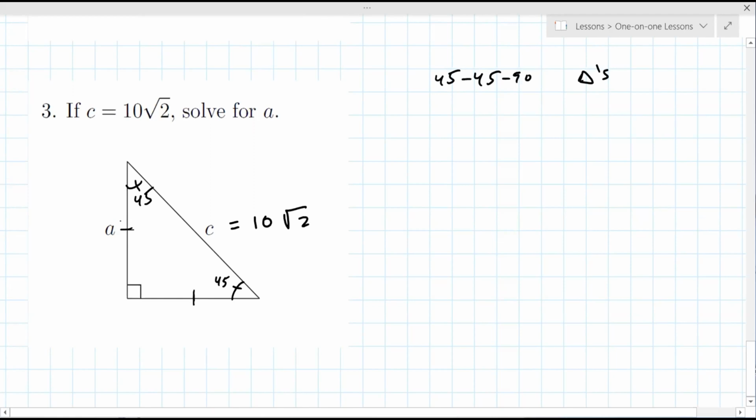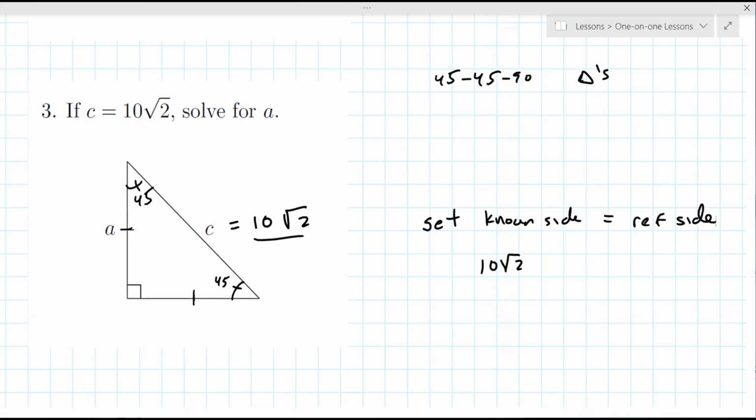Now this is something that I have in these worksheets that we're working from: I always say set the known side, the known side is this 10 root 2, equal to the reference. Well, what do I mean by that? Let me go back and snip in the reference triangle.